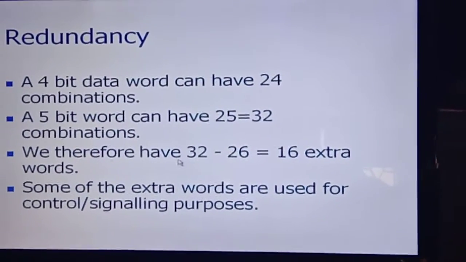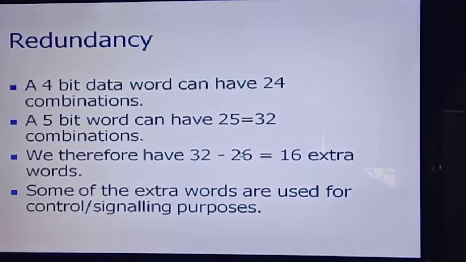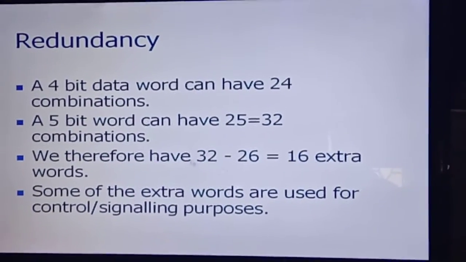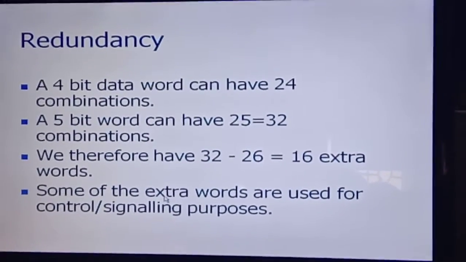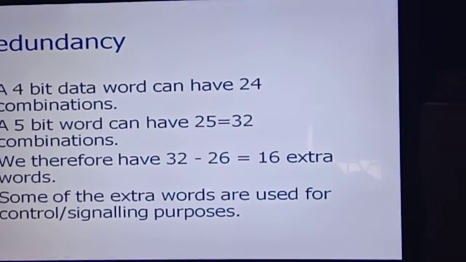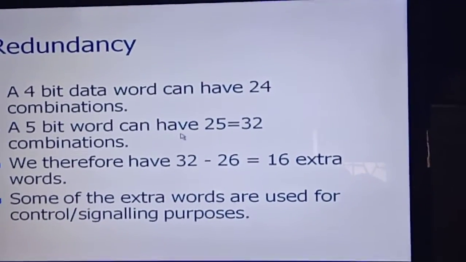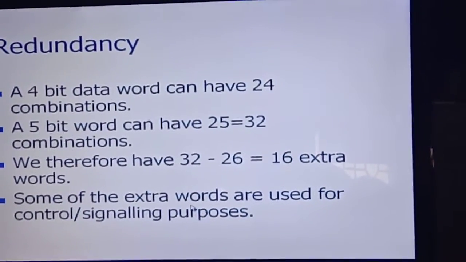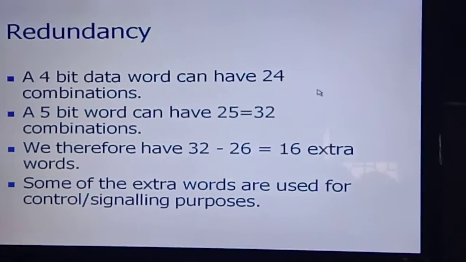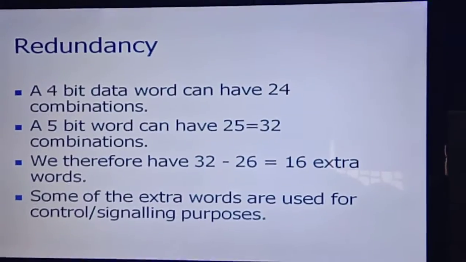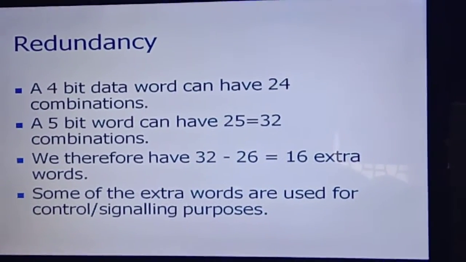So we have 32 minus 16 equal to 16 extra words. Some of these extra words are used for control and signaling purposes, and the remaining we can use for encoding the data. So this is how we can perform block coding using a 4-bit to 5-bit pattern.